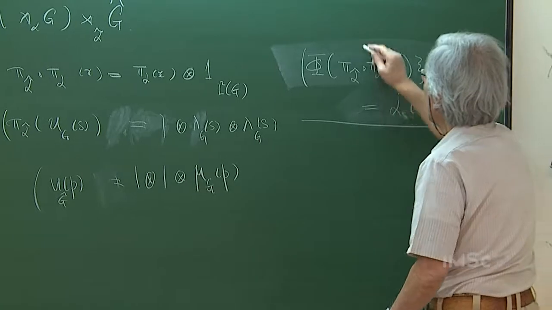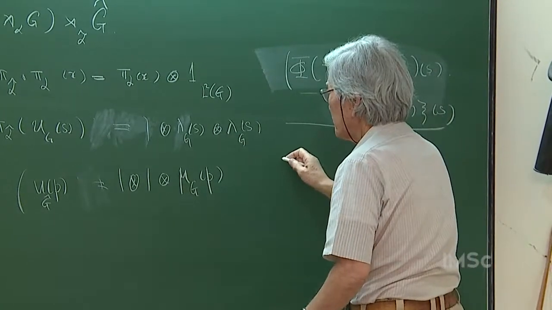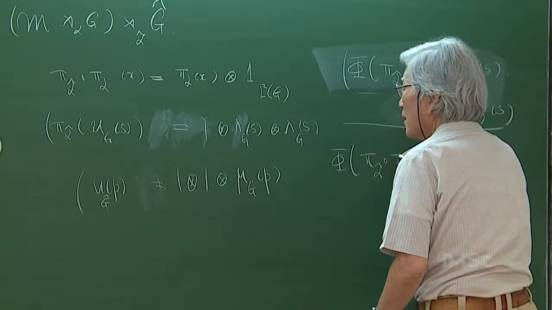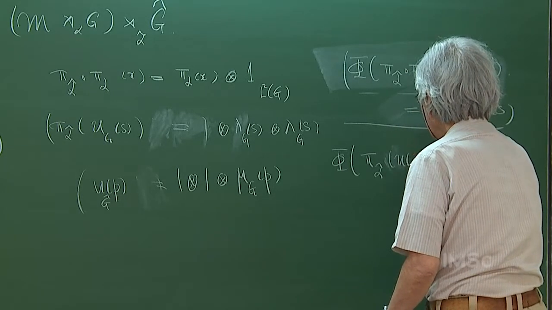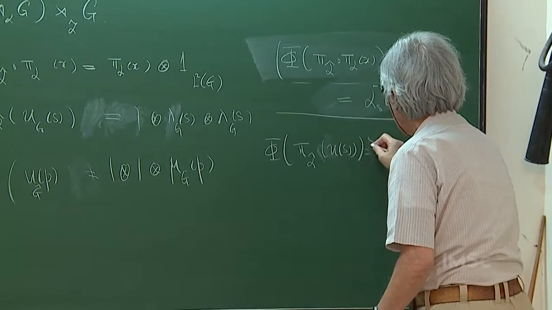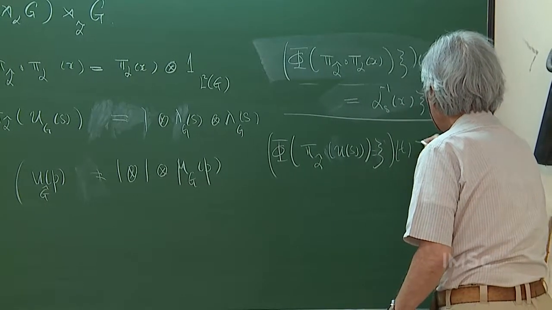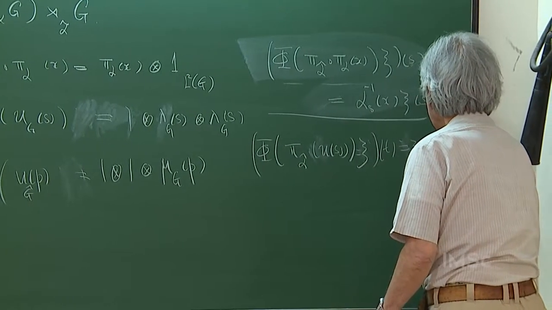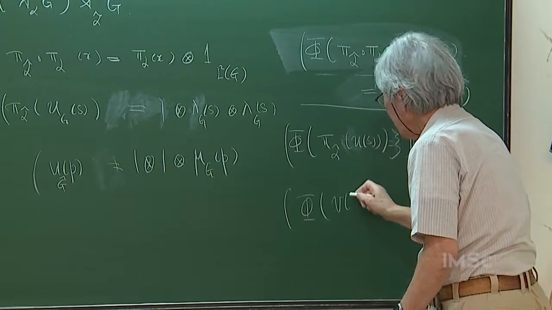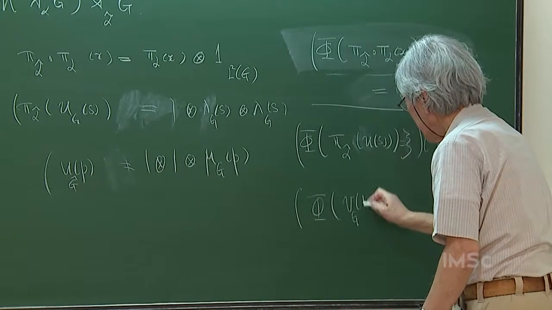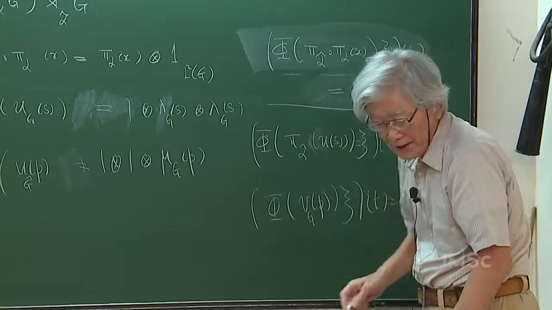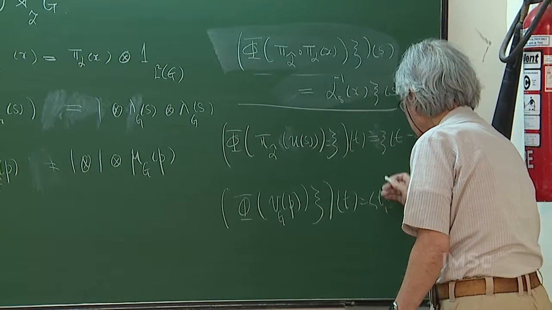And phi of pi alpha hat of U of S moves xi of t to psi of t minus s, and phi of V_G of p moves xi of t to t p.